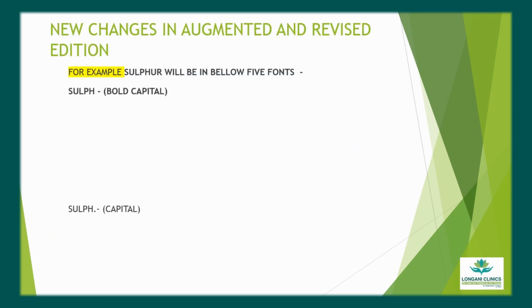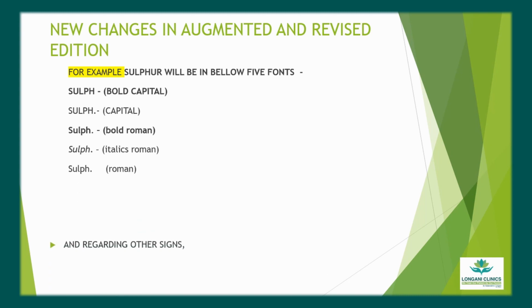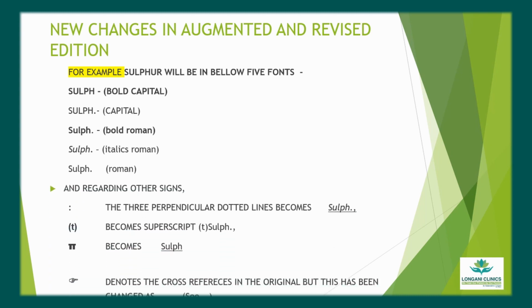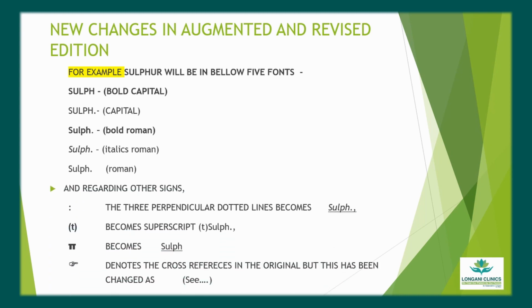For example, Sulphur will be in the below five fonts. Sulphur in bold capital. Sulphur in ordinary capital. Sulphur in bold Roman. Sulphur in Roman italics. Sulphur in ordinary Roman.